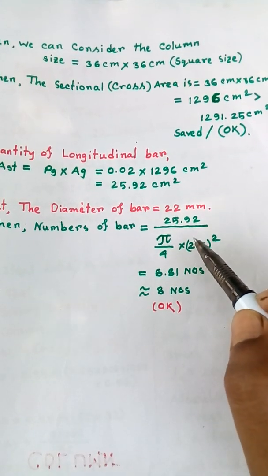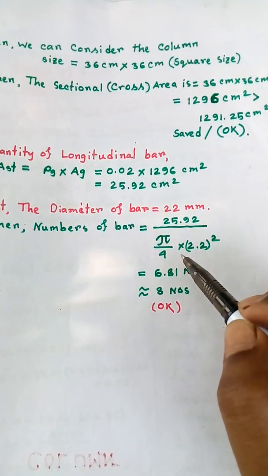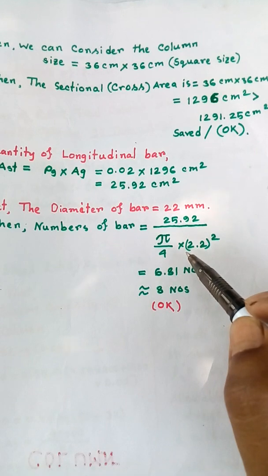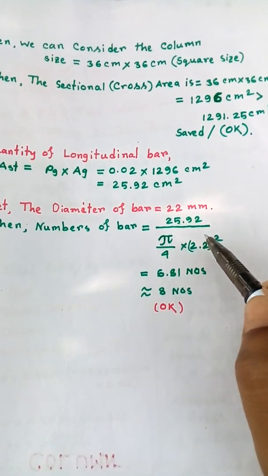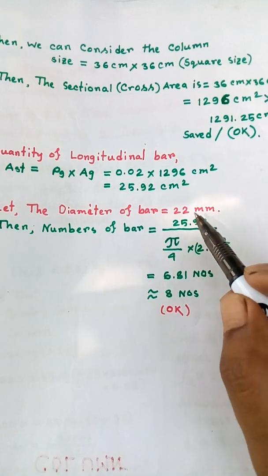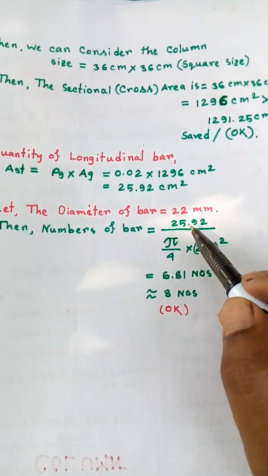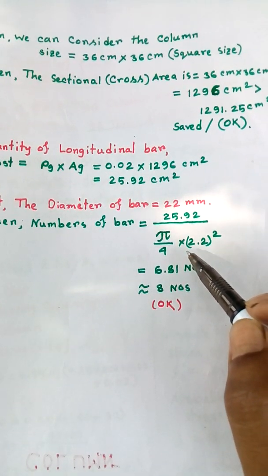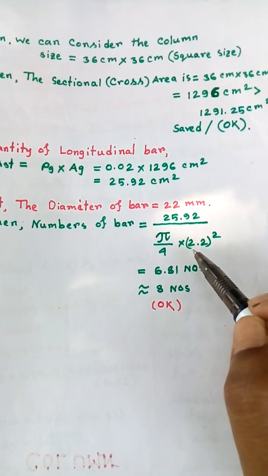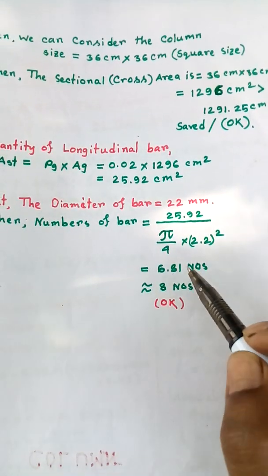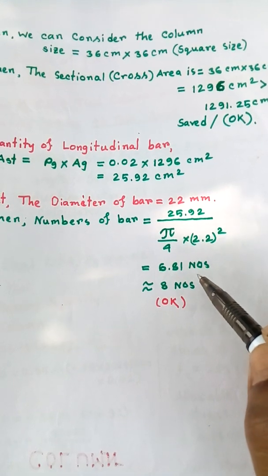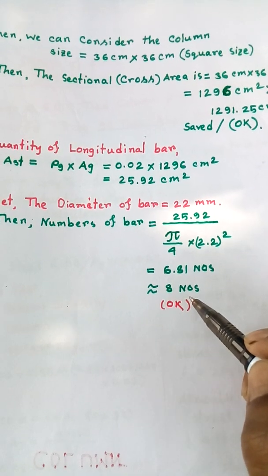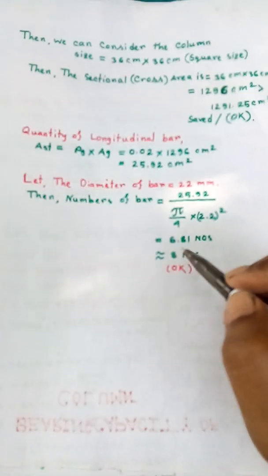This is the cross sectional area of a 22 mm dia bar. Total steel area is 25.92, and one piece area is pi by 4 into 2.2 square centimeter. Then we need 6.81 pieces. Then we can say 8 pieces in total.